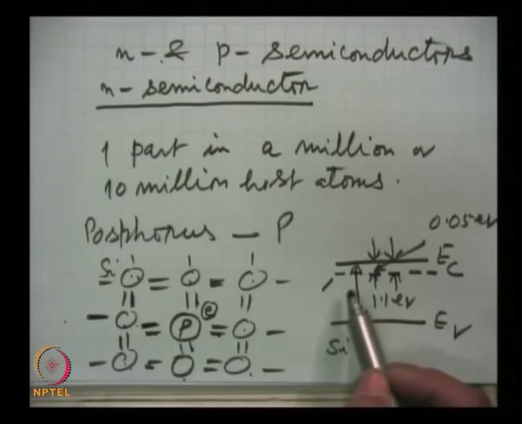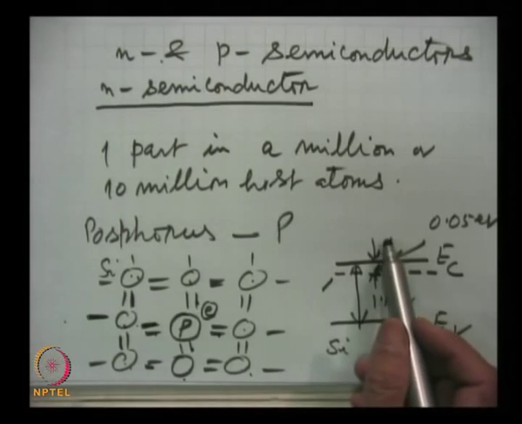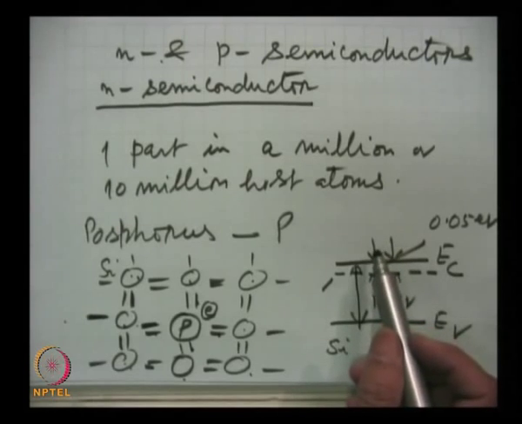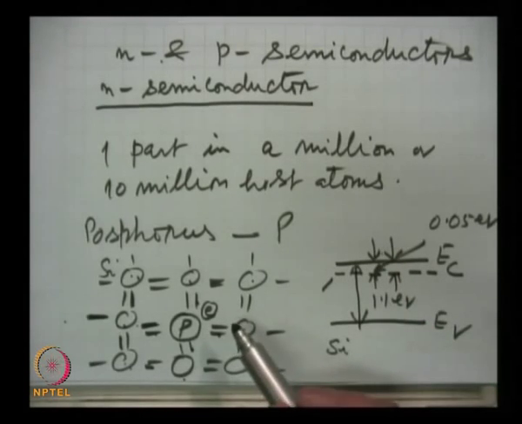So, these electrons will be extra and in excess of the charge carriers which were present in the intrinsic material.